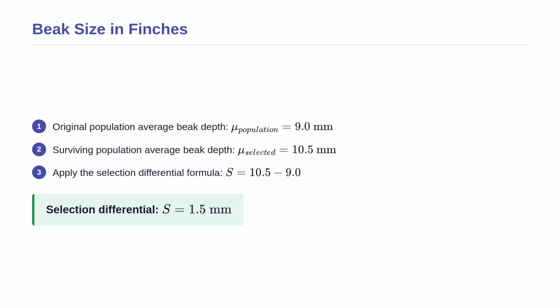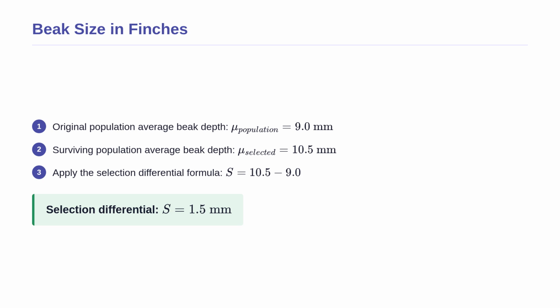Before we move on, let us see this formula in action with a concrete example from the wild. Imagine a population of Darwin's finches with an original average beak depth of 9.0 millimeters. A severe drought hits, and only birds with larger beaks can crack the remaining hard seeds.